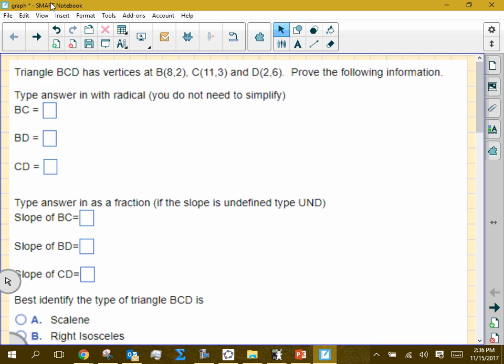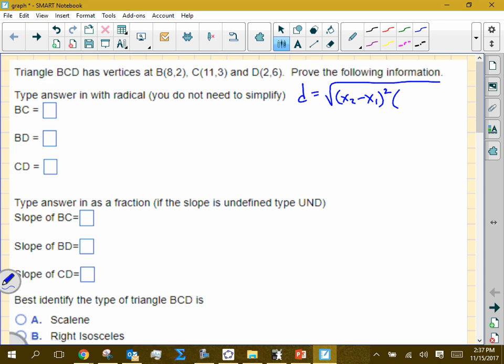But they want to find, when it says BC, remember that's notation for finding the length of BC, BD is the length of BD, and CD is the length of CD. So we know that our length should be found using the distance formula, which is distance equals the square root of (x2 minus x1) squared plus (y2 minus y1) squared, right?